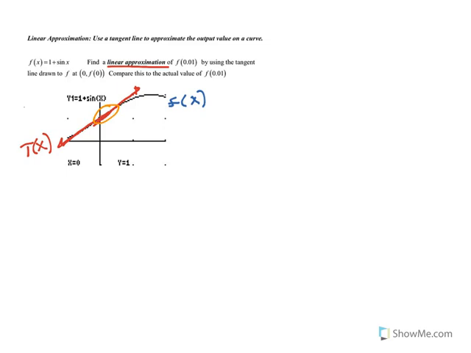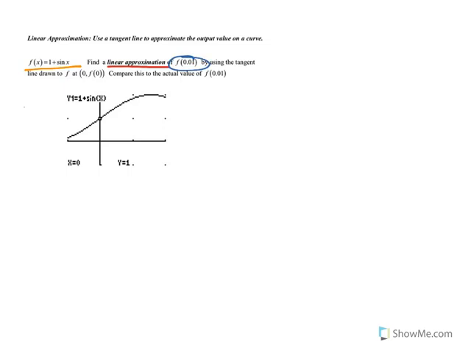Here's their example. We have some function f of x equals 1 plus sine of x, and they give us the graph below. They want us to find the value of f of 0.01.